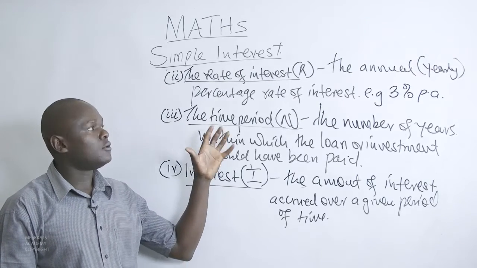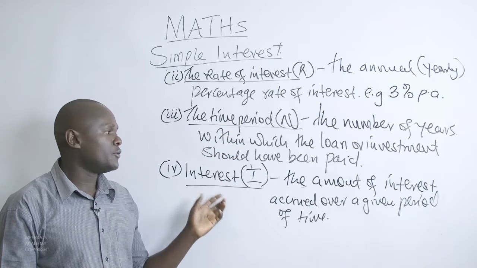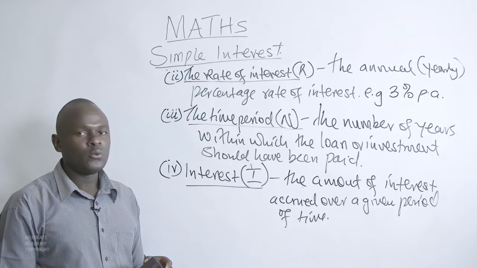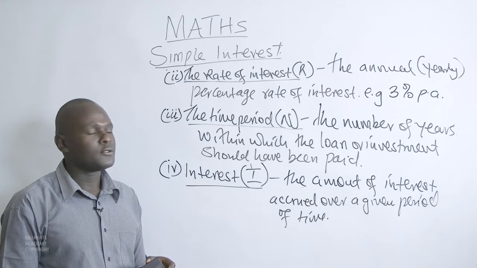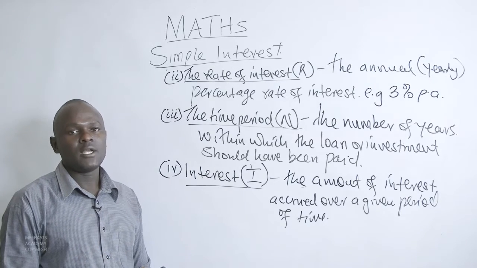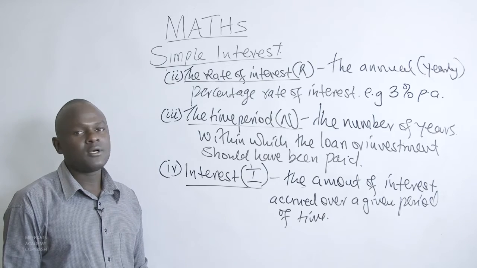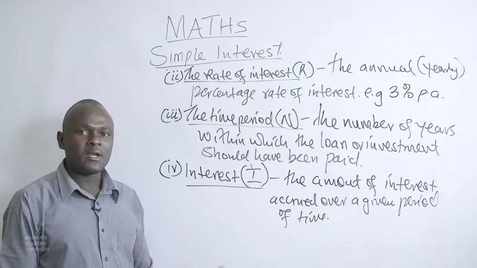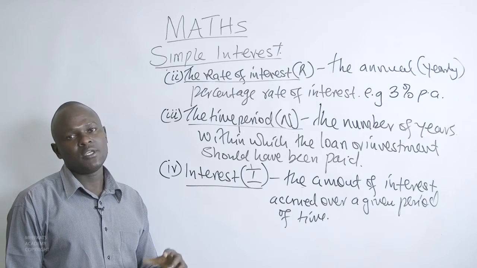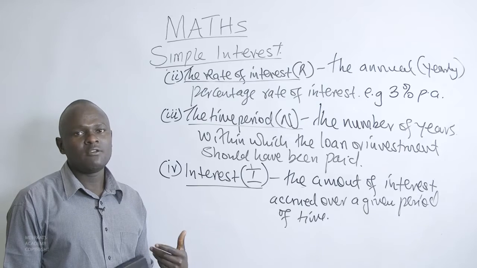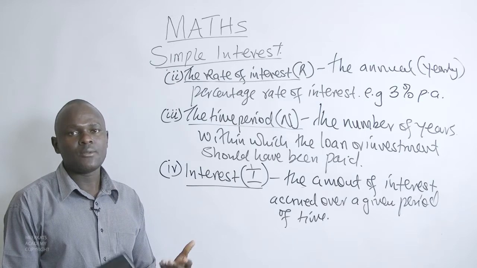Having looked at all the components of the simple interest formula, there are two things that we are supposed to take note of. After an interest has been accrued and it reaches a repayment time, remember that principal amount plus the interest should be given back. If it is a loan, the person who borrowed the loan should give back the principal plus the interest.